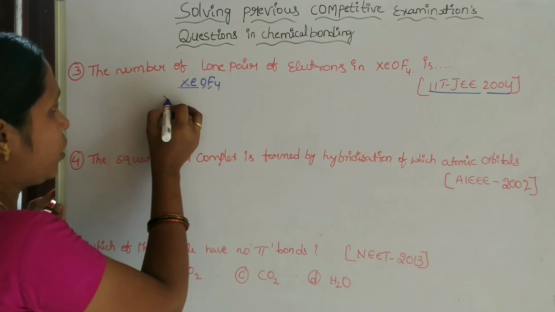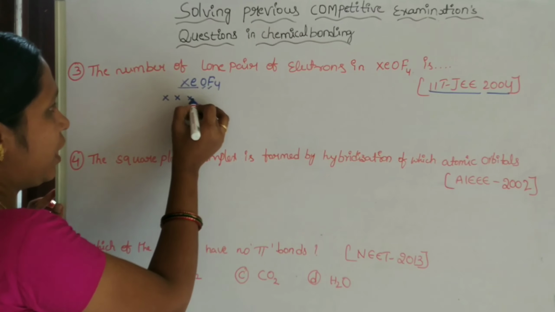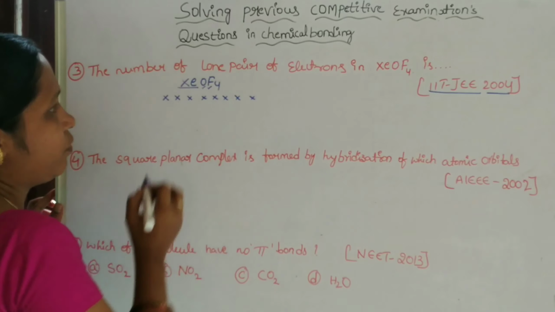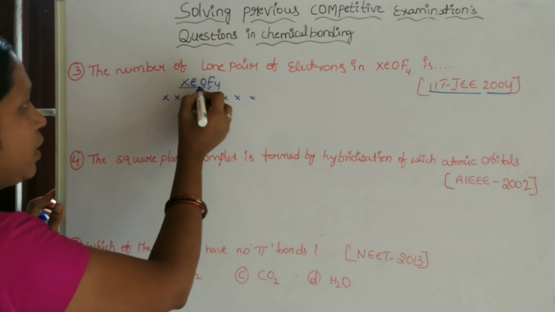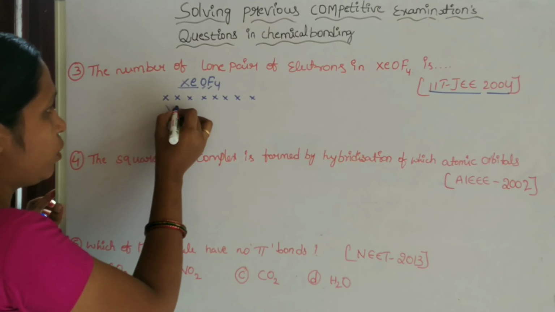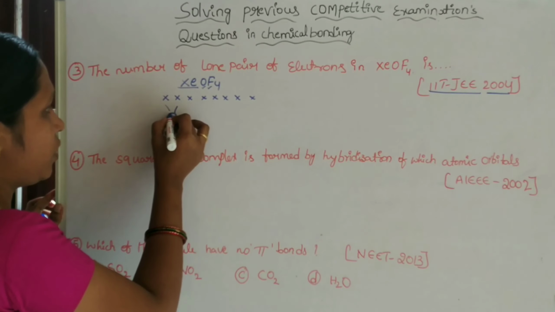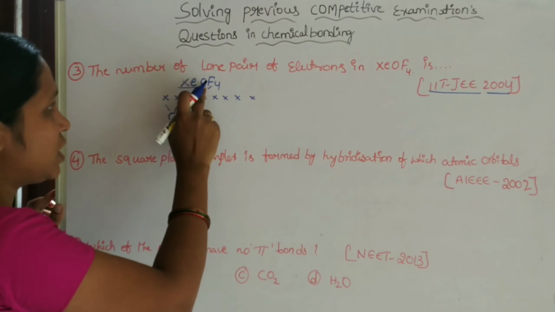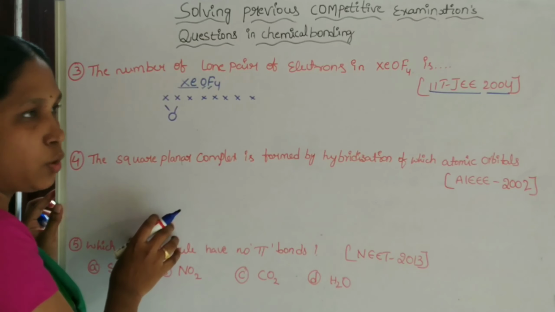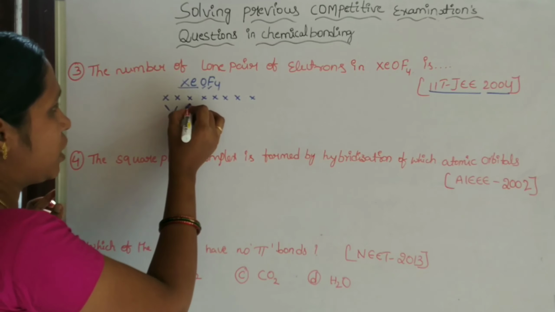Xenon is an 8th A group element. So take 8 electrons. Okay. And next, combining with the surrounding atoms. Oxygen has a valency 2, meaning each oxygen combines with 2 electrons. Only one oxygen is there. That oxygen is bonded with the 2 electrons, and 4 fluorine atoms are there.